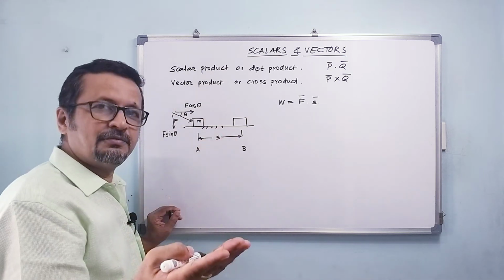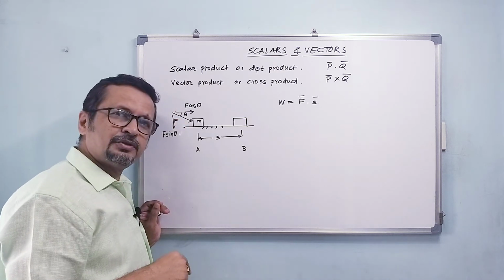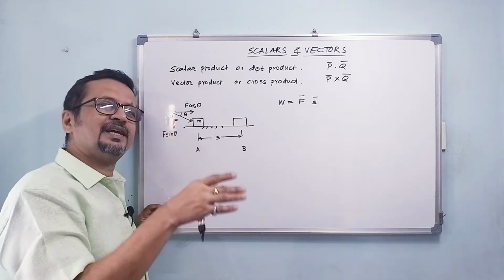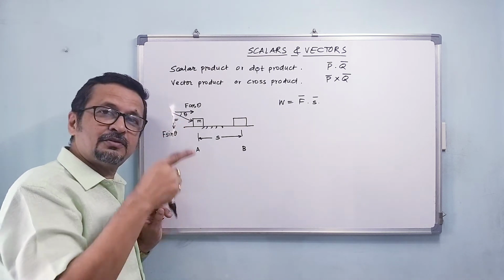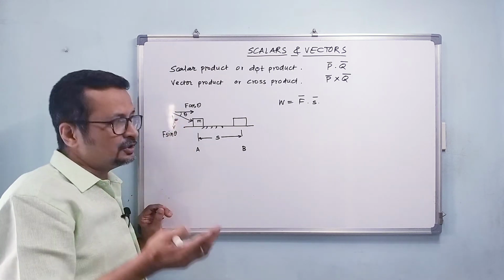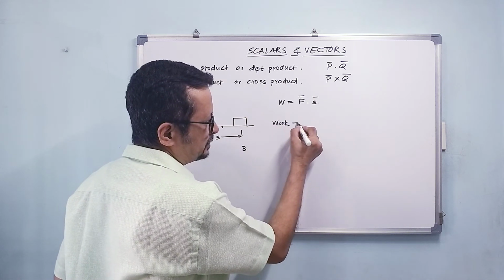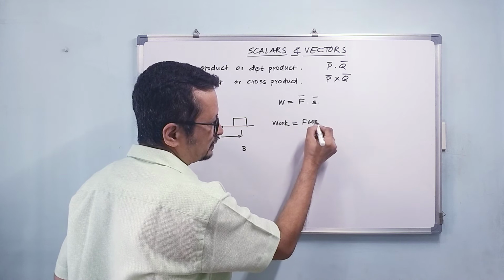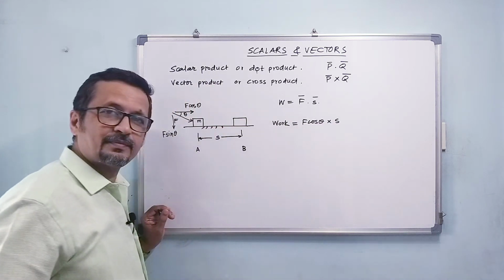We agree to that. What is this component F sin theta doing? Is it causing any displacement in its own direction? Is there any displacement in the vertical direction? No. So my work done is equal to F cos theta multiplied by displacement, correct?